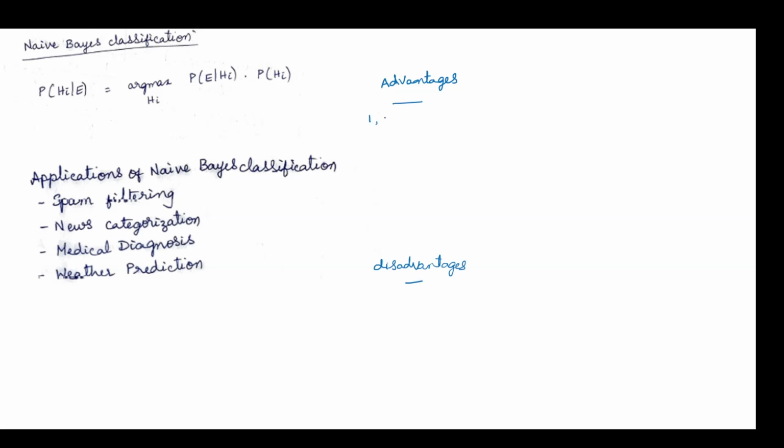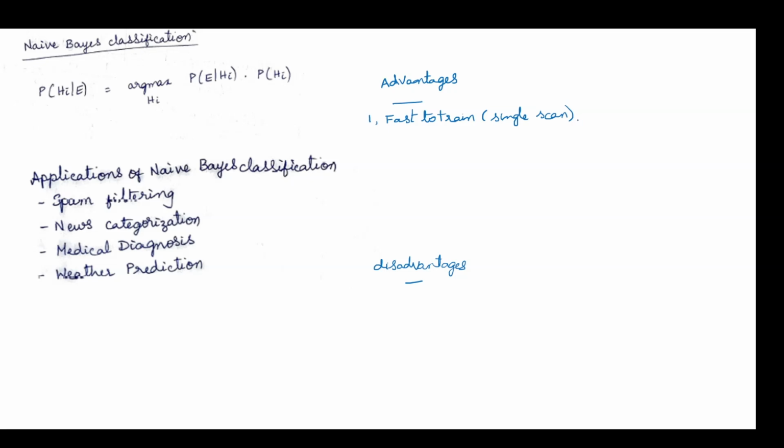The first advantage is that naive Bayesian classification is very fast to train. That means irrespective of the size of the data set, you just need a single pass through the entire data set. So a single scan will result in the naive Bayesian classification.